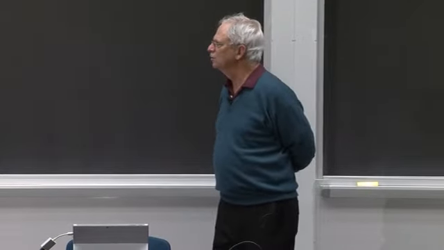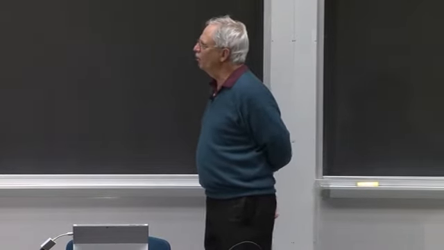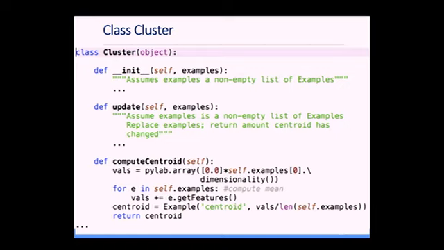Class cluster, it's a lot more code to that one. So we start with a non-empty list of examples. That's what init does. You can imagine what the code looks like, or you can look at it.